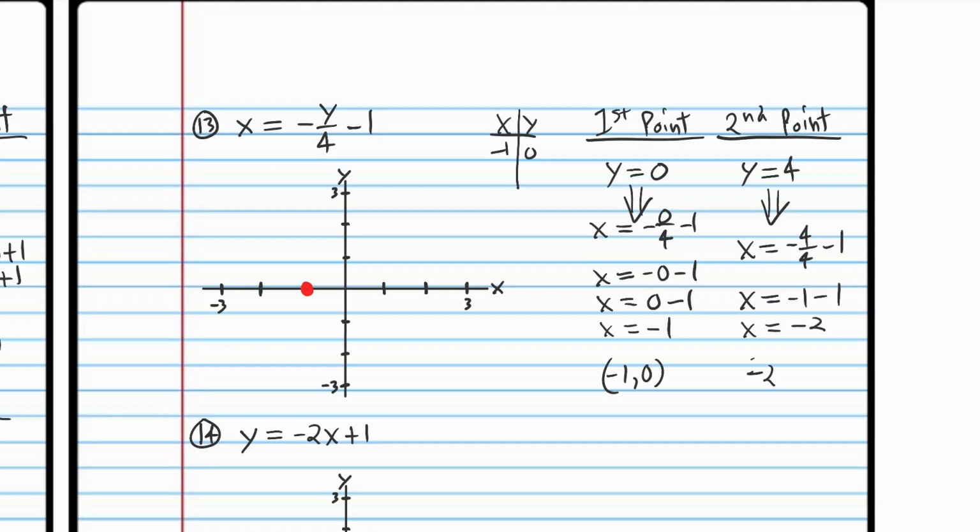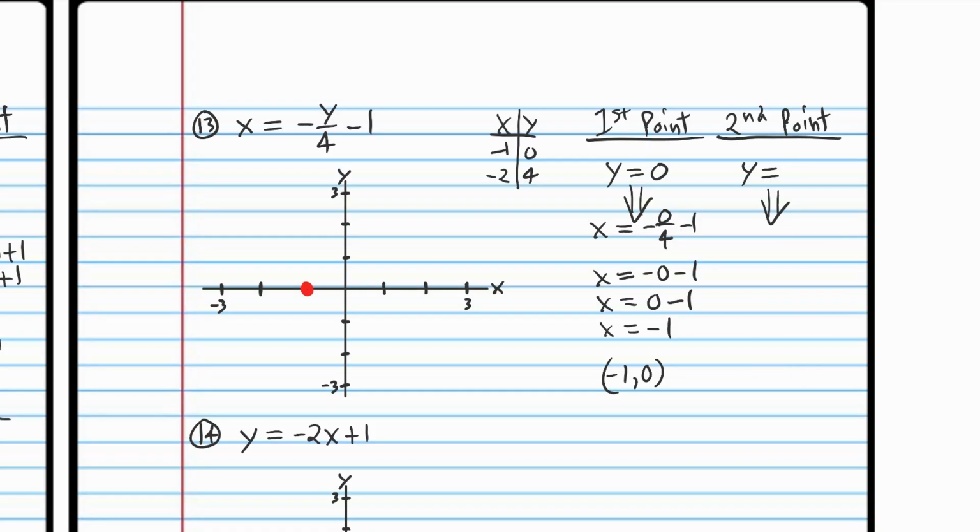So the point is -2, 4. And I just noticed that I can't do that, so that was a lot of work for no reason. My point is not on the window. -2, 4, you go out 2 to here and then up 4, and that would be up here. So that's out of my window. I was so busy doing my math here that I didn't even realize that's not going to work. So if that happens to you, that's okay.